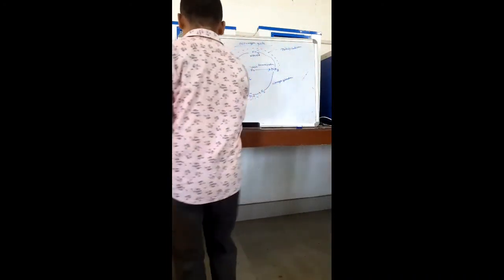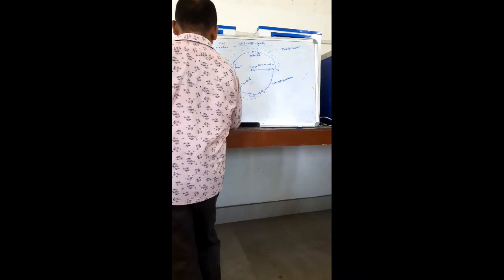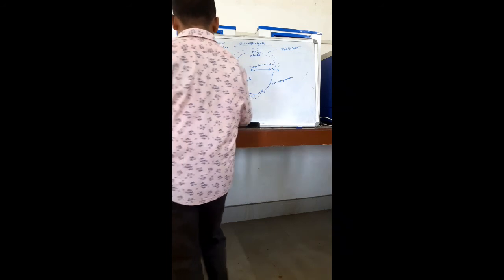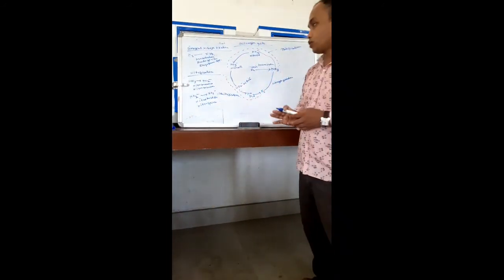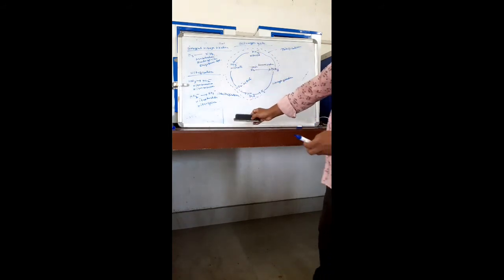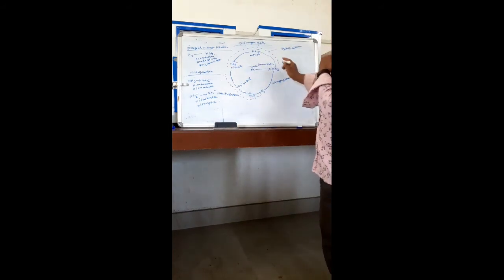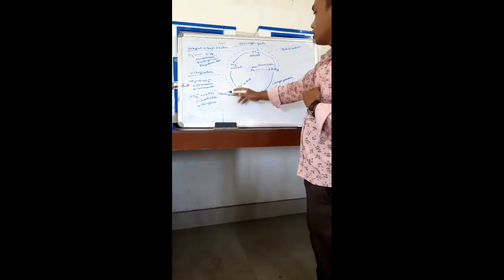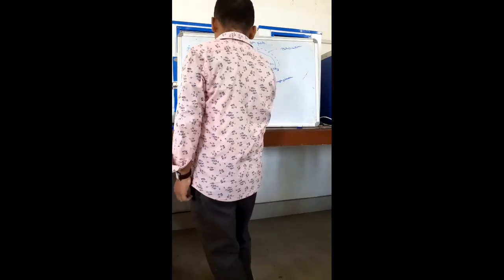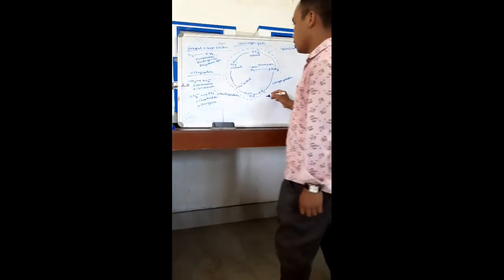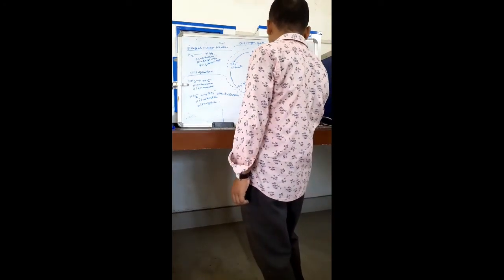Those are Nitrobacter, Nitrospira, etc. So this is the process of nitrification. After nitrification, from ammonia to the nitrate molecule, the third process is denitrification.